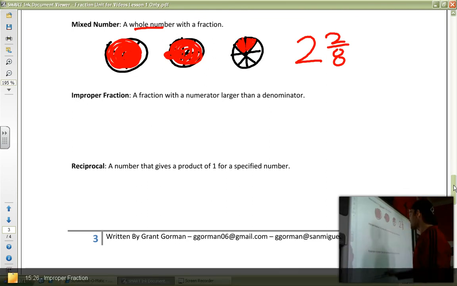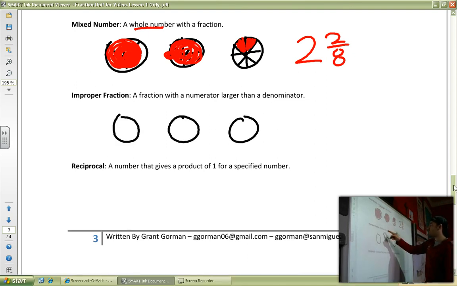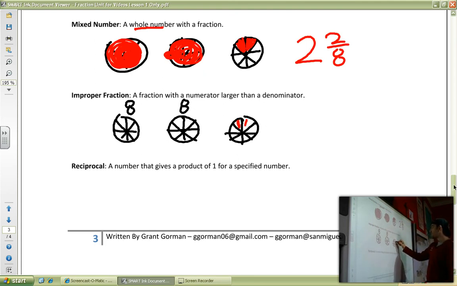All right. An improper fraction. It's going to be the same idea, but instead of writing the whole number, we're going to count the individual parts. So within this pizza, remember there's 1, 2, 3, 4, 5, 6, 7, 8. I have 8 parts in that pizza. And in here, I'm going to have 8 parts again. Okay? And in this one, I have my 1, 2.